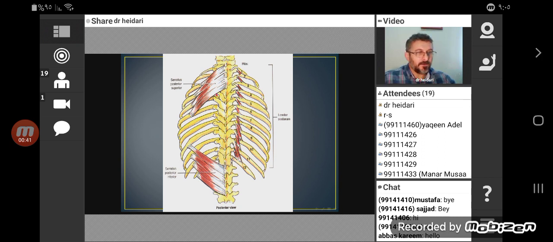All right, and now serratus posterior superior. This muscle arises from the spinous process of C7 and the first two or three thoracic vertebrae. I mean T1, T2, and T3, from the spinous process and the inferior part of the ligamentum nuchae.